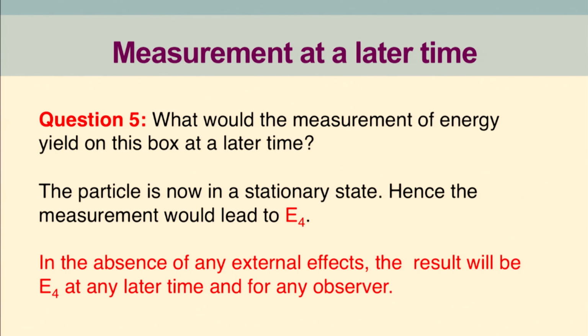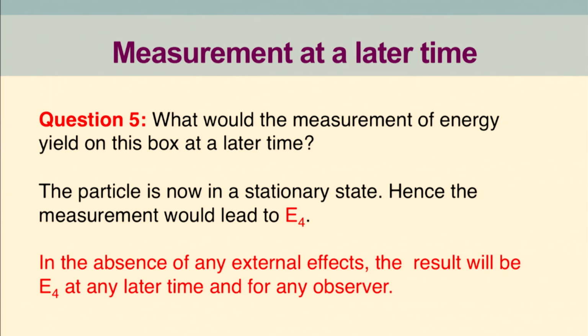Now I waited for some time and did a measurement of the energy again in that particular box. The answer in this case is that the particle is now in a stationary state. As soon as I measured it and found it in energy state E4, the particle became a stationary state, and hence the measurement would lead to E4 again.